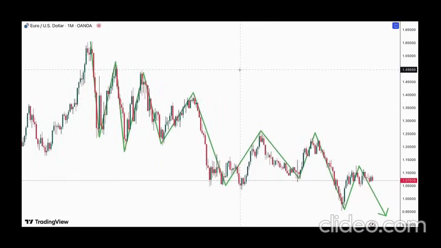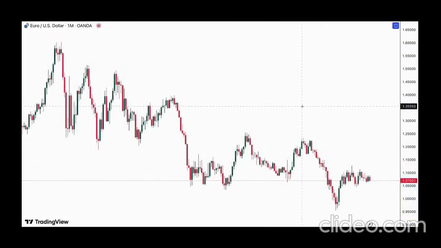It is a bearish market because it breaks the lower lows and respects these lower highs. So obviously, this is a bearish trend. Let me take this off before we proceed.